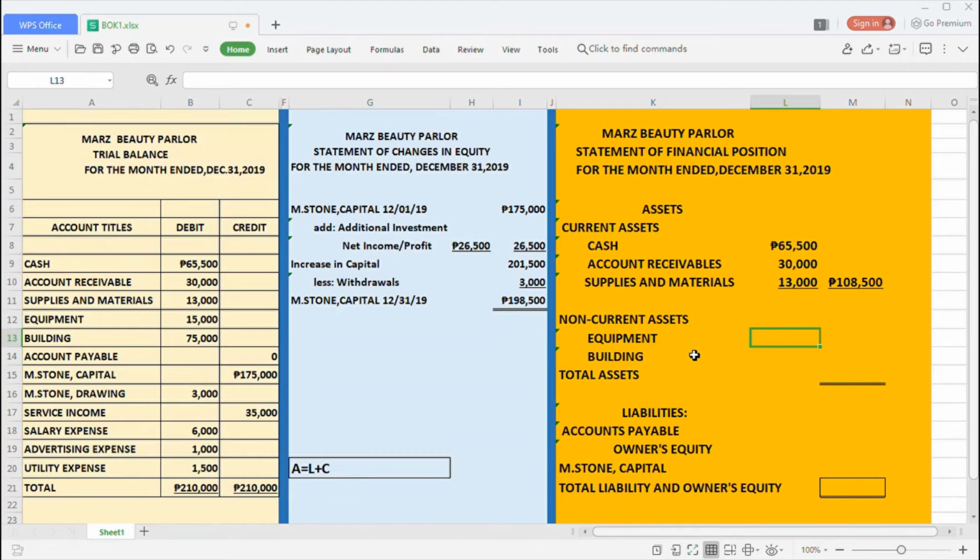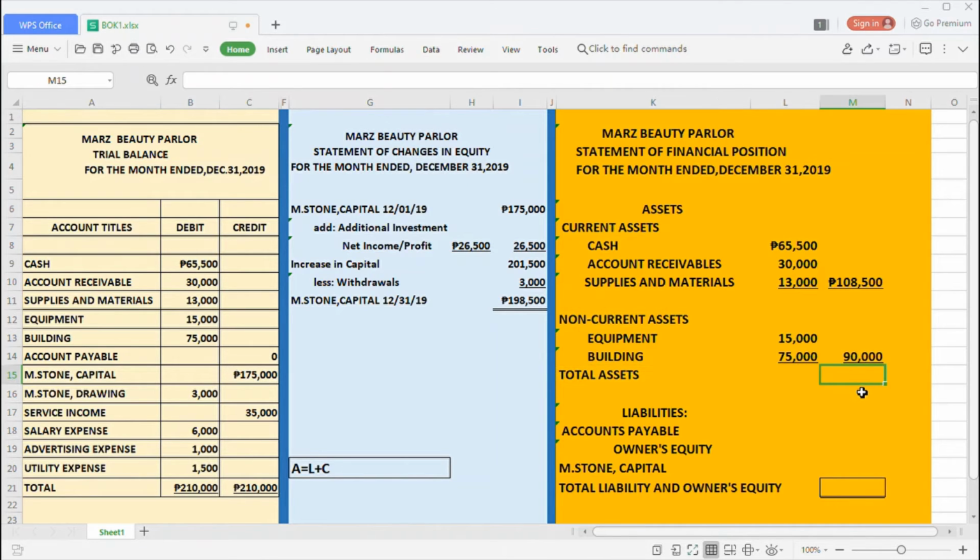So let's go to our non-current assets. We have here the equipment. So copy lang natin guys yung amount para hindi na tayo matagalan. That is 15,000. And then for our building, alright, copy lang natin ng amount. Total of which is 90,000. Ang gawin natin guys, may total assets here.